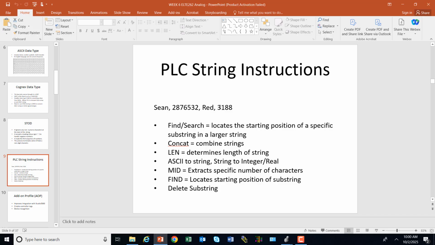So you can mess around with this if you get this messy file. Some of the instructions that are similar to this, whatever PLC you're on, or whatever database, or however you're looking at this, computers, there's things such as find search. It locates the starting position of a specific substring in a larger string.